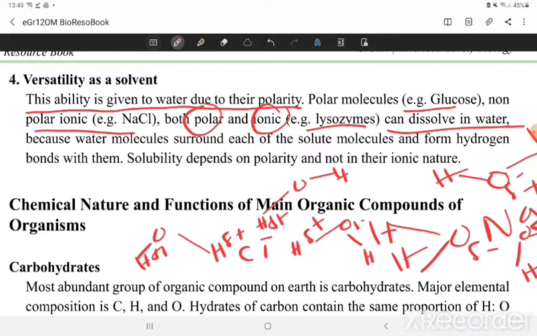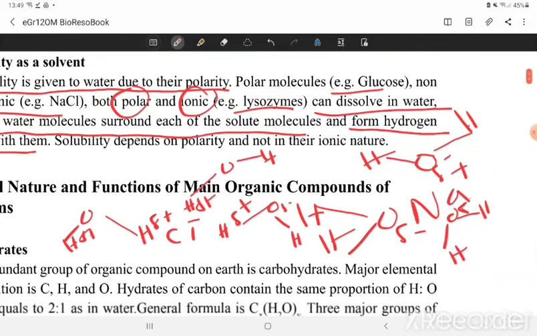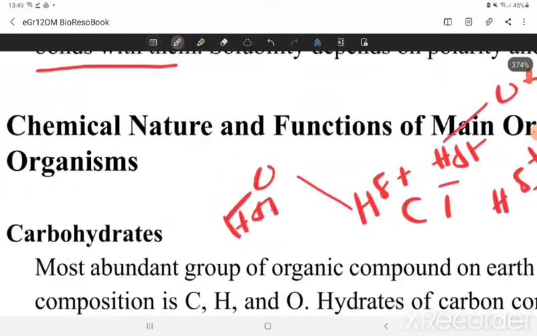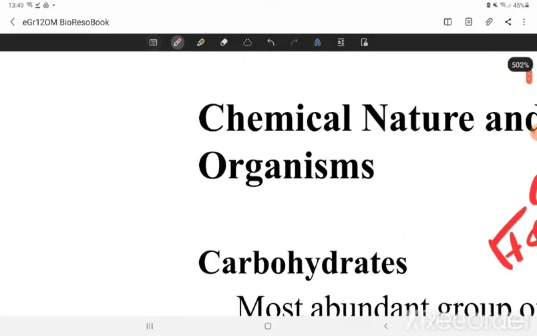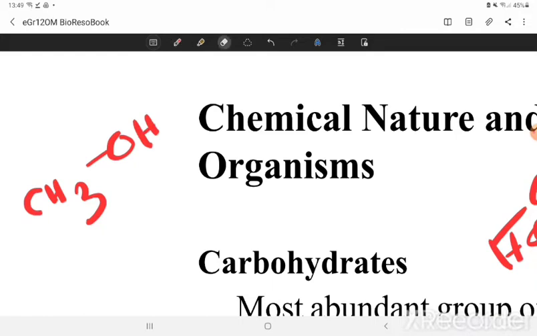Now, water molecules surround each of the solute molecules, as we can see, and also form hydrogen bonds with them. Yes, it can also form hydrogen bonds. Suppose a molecule like this, let's say CH3OH, alcohol. Separate this hydrogen out.